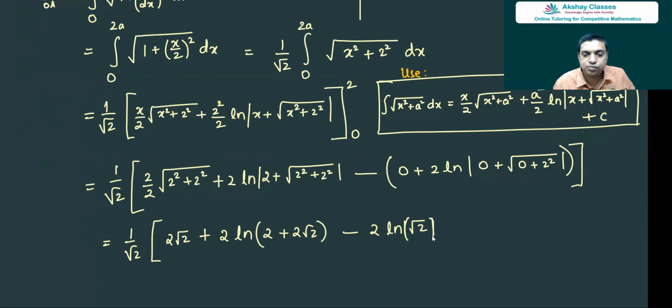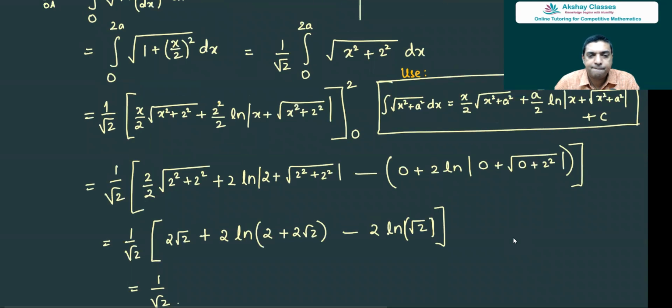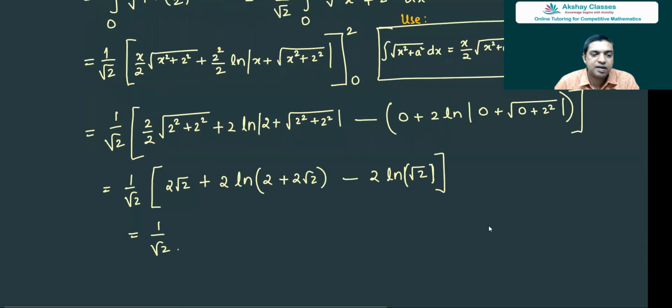So log A minus log B is log of A by B. That's what we need to do. Or we can split this even further to simplify. We can take 2 common.